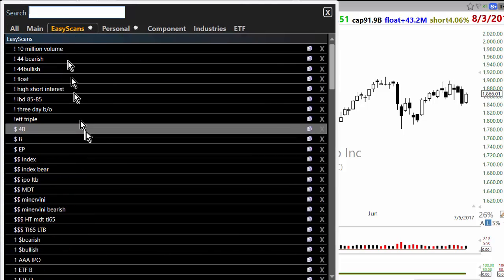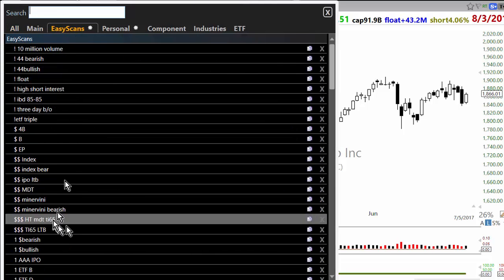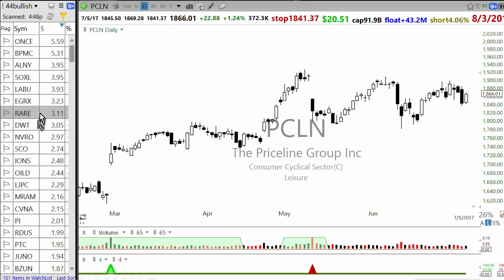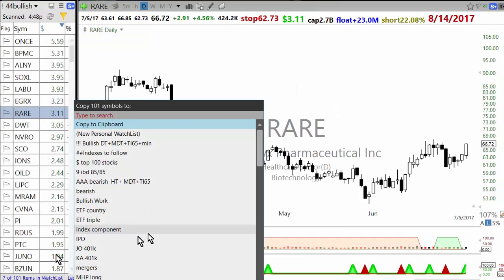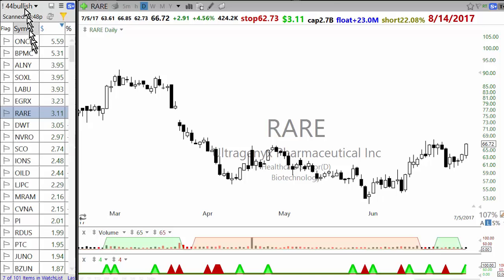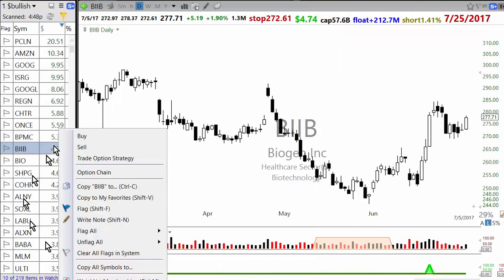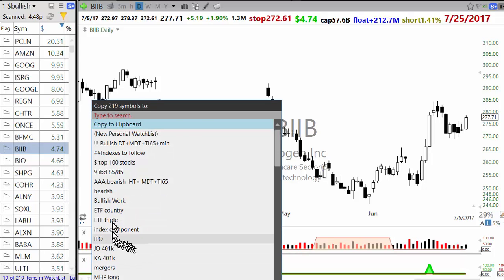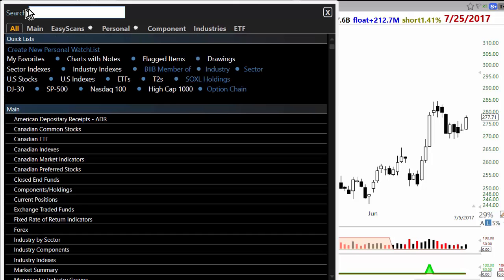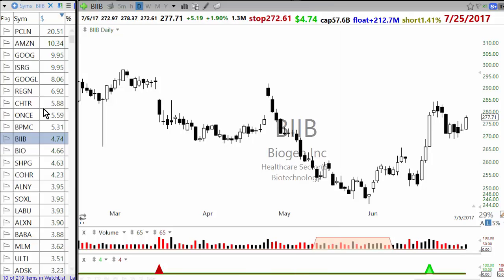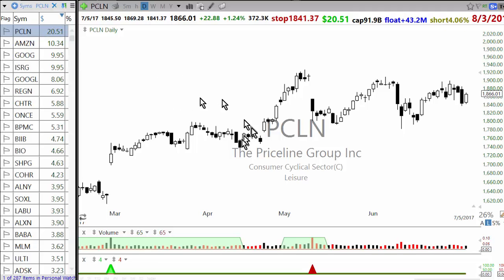So in order to not spend time doing this twice, I take this list, copy all symbols to a bullish working watch list, and similarly copy all the bullish dollar breakout stocks to this bullish working list. Once you have this combined list of dollar breakout and 4%, you get 287 stocks.